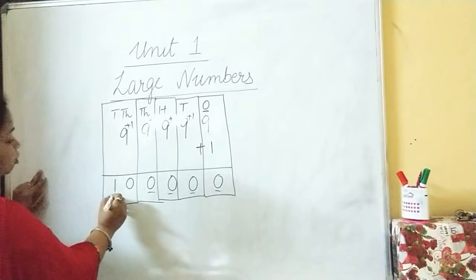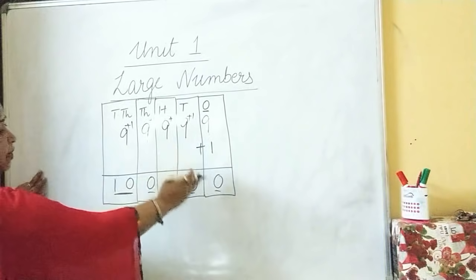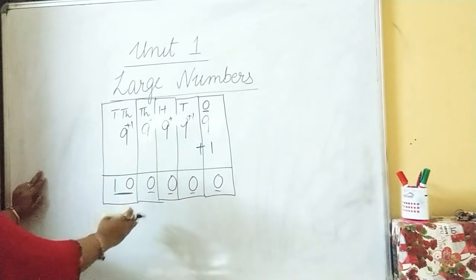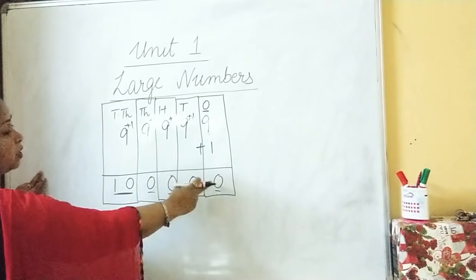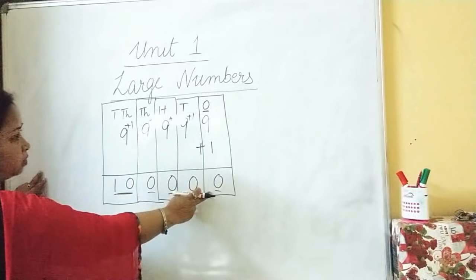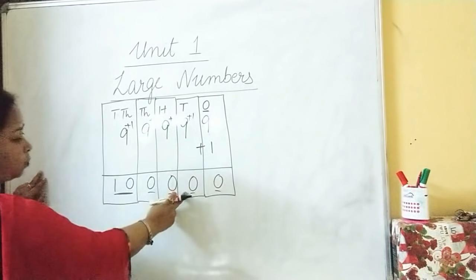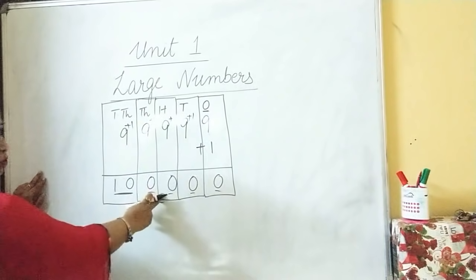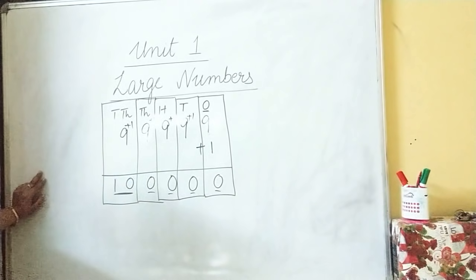Here we find 2 digits are there. But let me make it clear, when we are placing these digits, only 1 digit is supposed to be in that particular block. So at the ones place you can see 1 digit, tens place 1 over here, 100 place also 1 digit, 1000 place also 1 digit, but at the 10,000 place there are 2 digits.